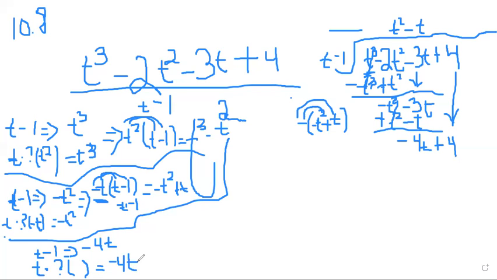So what's missing for me to get a negative 4t is just a negative 4. So negative 4 is what I will use to multiply t minus 1. And so that is what I will put in my quotient. We got a negative 4.